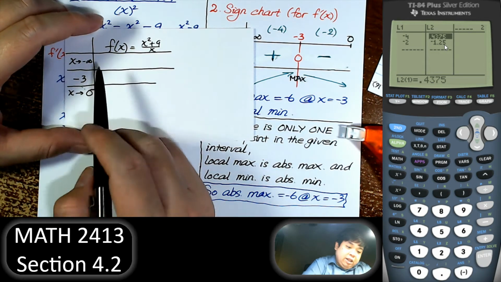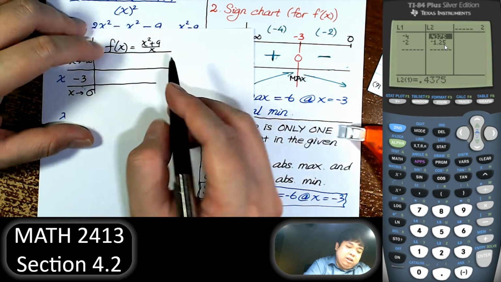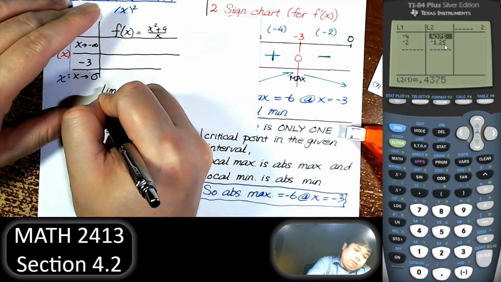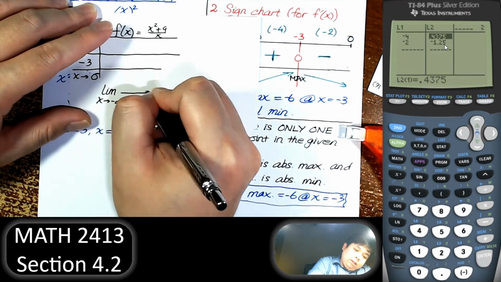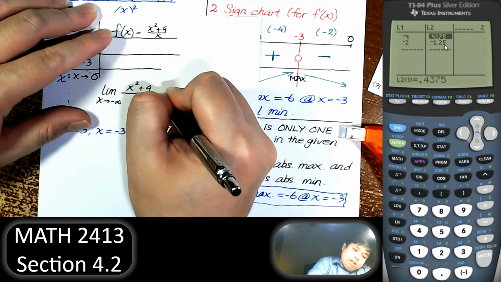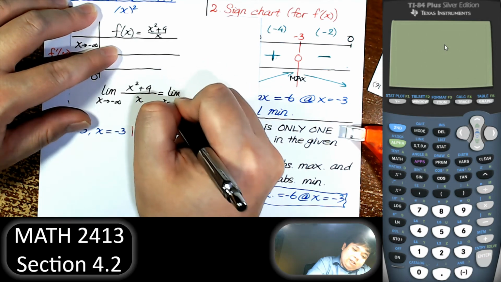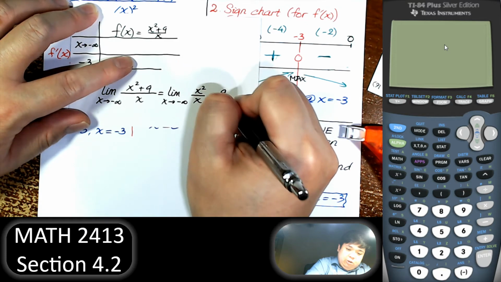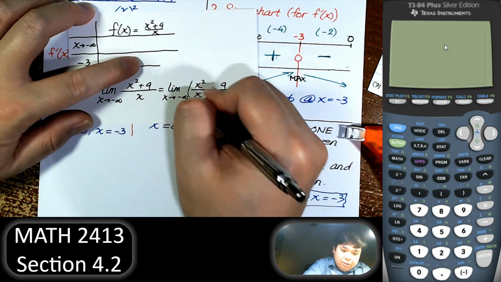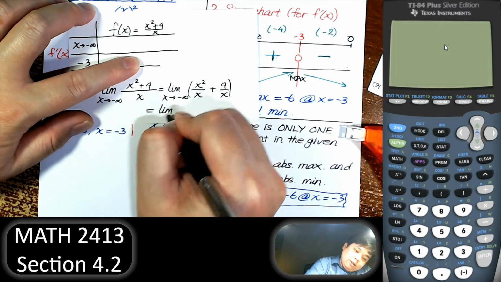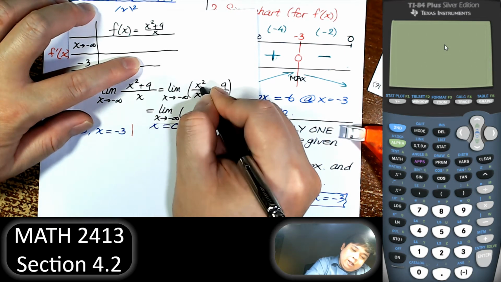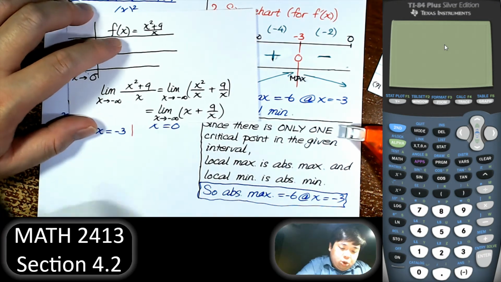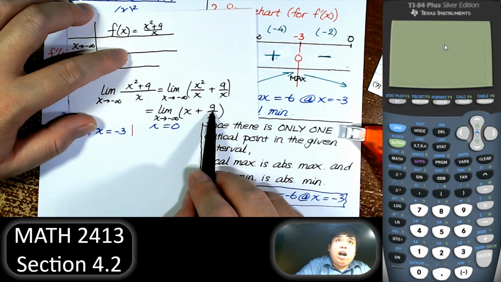If you find the limit when x goes to negative infinity, we have x squared plus 9 over x, and we split it: x squared over x, and 9 over x. x squared over x is x, plus 9 over x. Now, when x goes to negative infinity, 9 over infinity is 0.